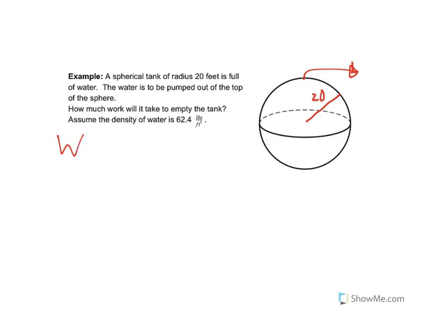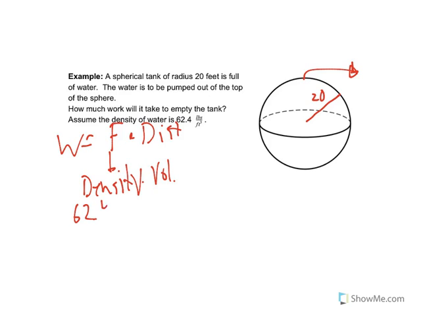Okay, we know work is force times distance, and force is going to be density times volume. The density we know is 62.4. We just need to figure out volume. So let's think about it: as I pump water out, the water takes on the shape of the container.